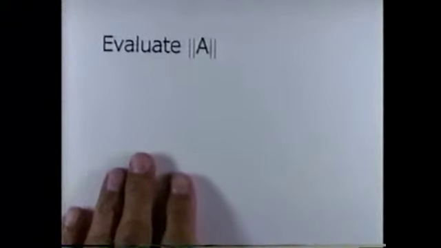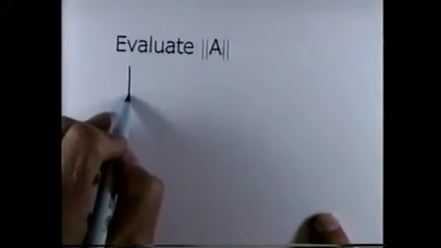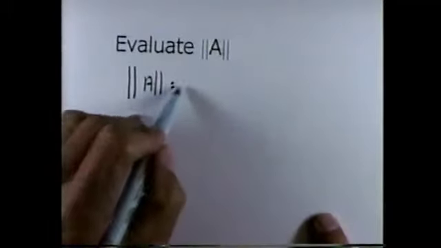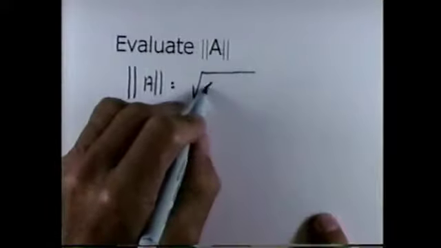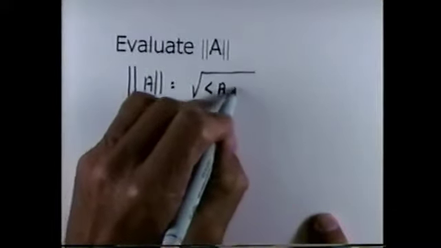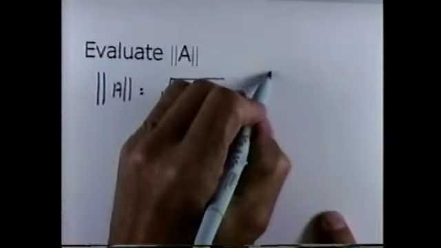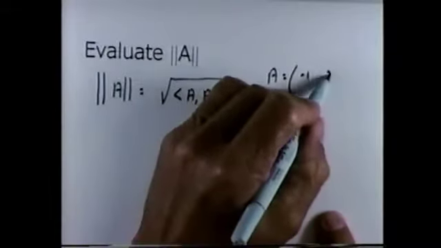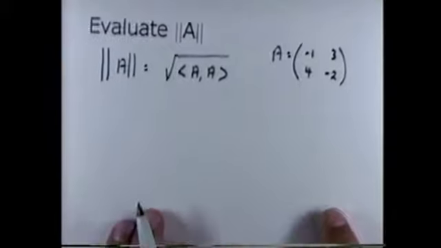Let's evaluate the norm of A. Well, we know the norm of A is going to be the square root of the inner product of A with A. I'll write A down here for reference: negative 1, 3, 4, negative 2.